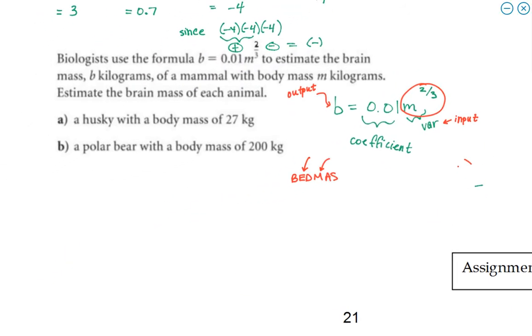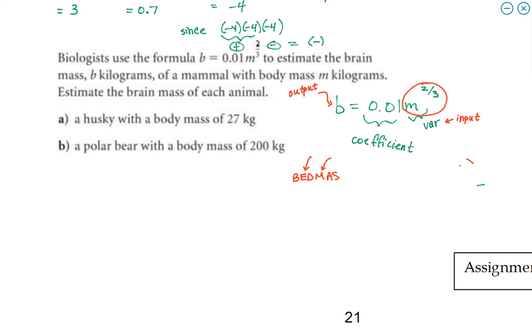So let's take a look at what they gave us. In part A, they've given us a body mass of 27 kilograms. Okay, and I'm just reading the question.